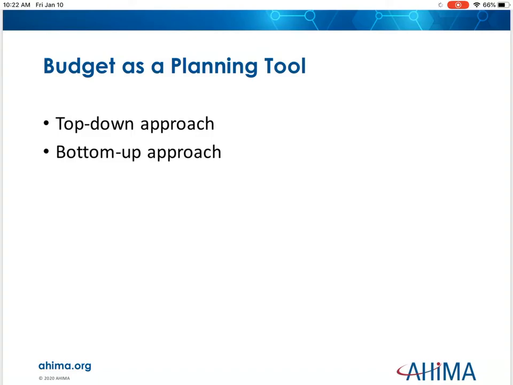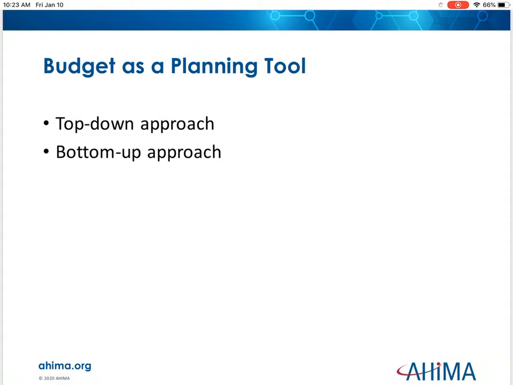So in a top-down budget, managers are asked to implement a planning tool that they have had no part of developing. So you as an HIM professional know more about coding resources and things that your employees need than someone in another building, possibly in another department. And so again, that's definitely a disadvantage. You don't have any input in the top-down approach.